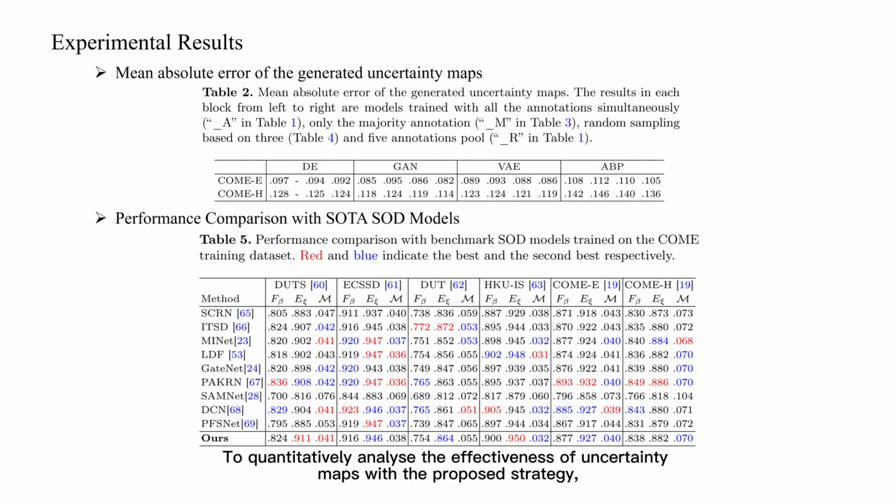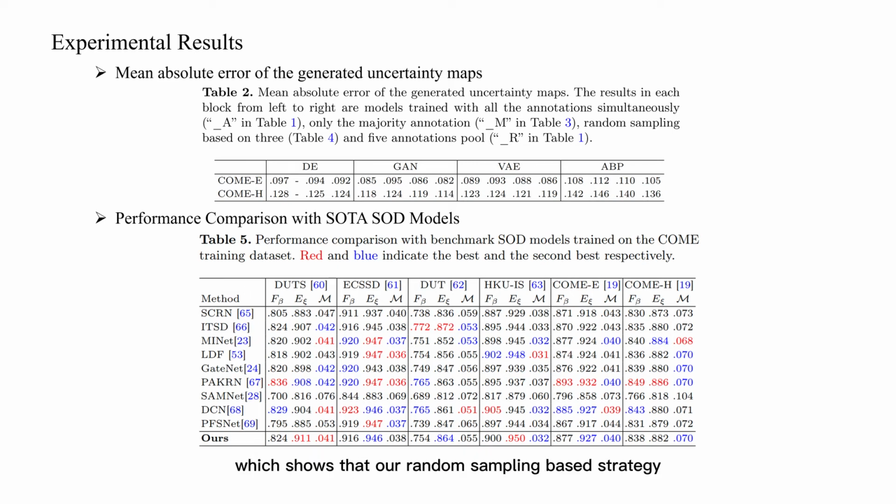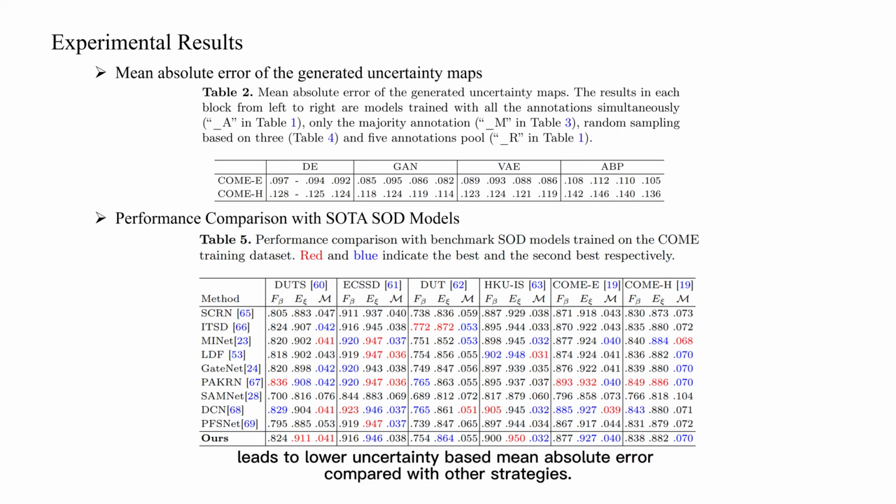To quantitatively analyze the effectiveness of uncertainty maps with the proposed strategy, we compute mean absolute error of the estimated predictive uncertainty and the uncertainty of the corresponding multiple annotations, and show the performance in Table 2, which show that our random sampling-based strategy leads to lower uncertainty-based mean absolute error compared with other strategies.